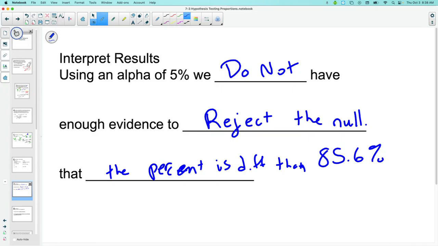If we did have enough, then we say, we do have enough evidence to reject the null, and it's probably different than what you said it was. It doesn't mean that my sample is the correct value, it's just saying yours is probably wrong. You're probably not correct. Make sense?